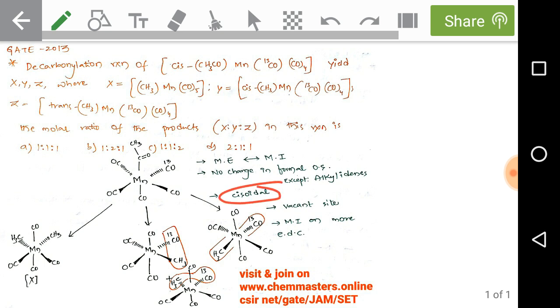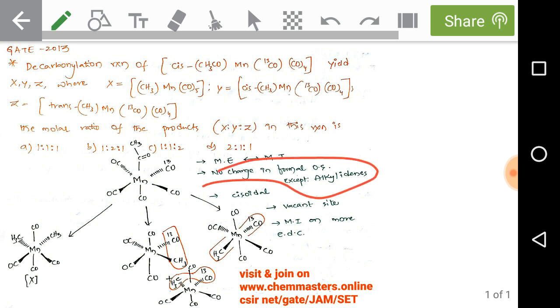That means they should be cisoid in position. And migratory insertion involves an intermediate vacant site. And migratory insertion takes place on more electron deficient complexes. Just remember these points.